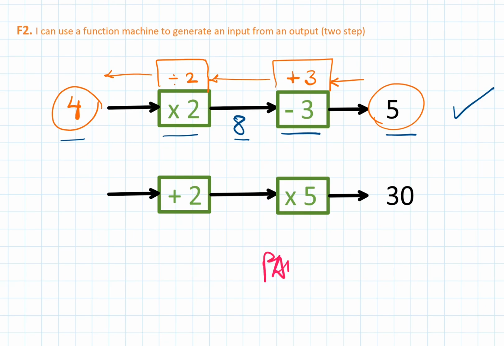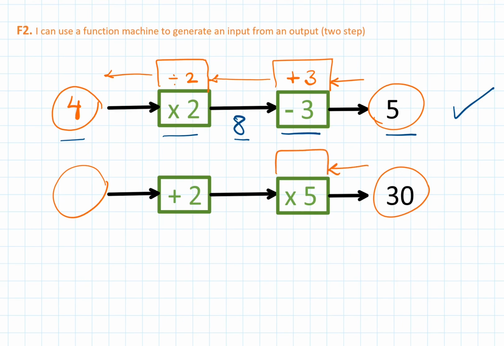Pause the video now and try to attempt the second question by yourself. In the second question, we are again trying to find the input of this function machine where we added 2 to the input and then multiplied that by 5, and the result was 30. So, because we are trying to find the input, we have to work backwards. We start from 30.